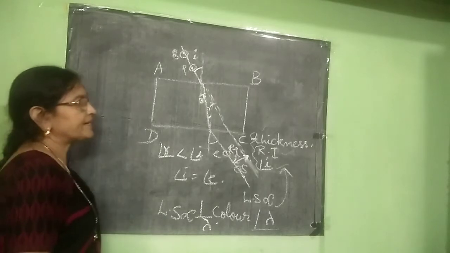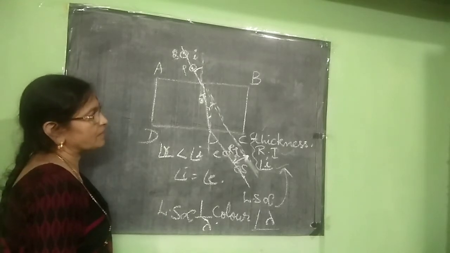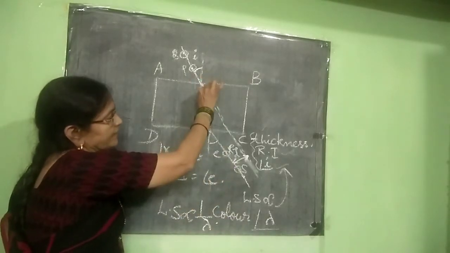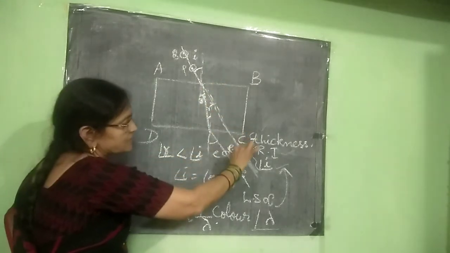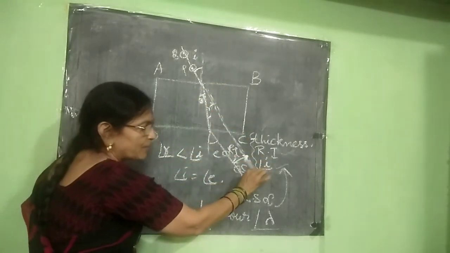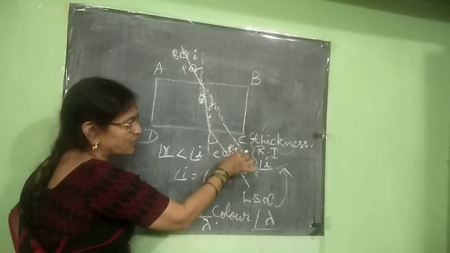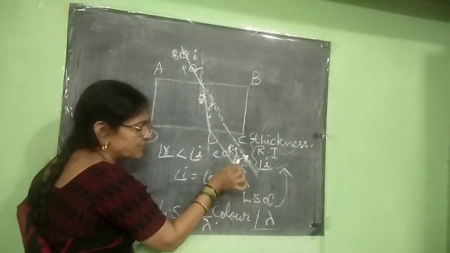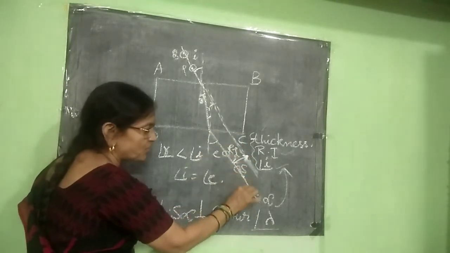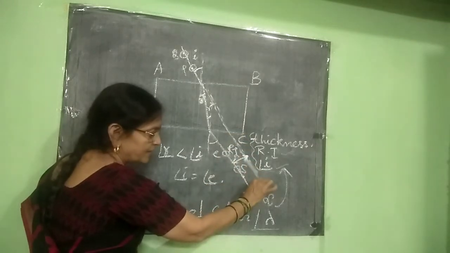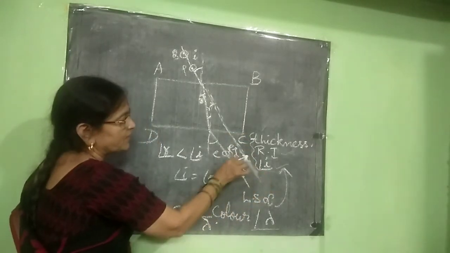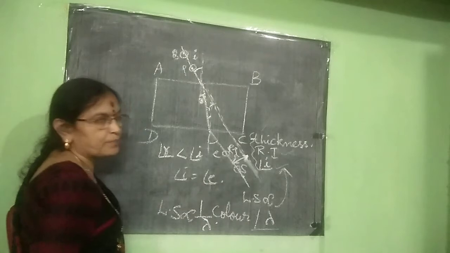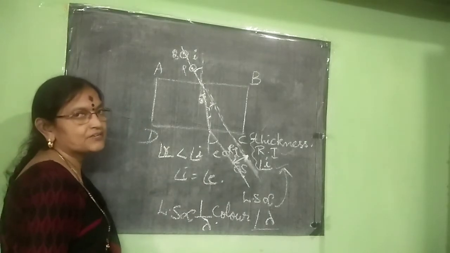So, what is lateral shift? Lateral shift is the distance between the extended incident ray through the glass slab and the emergent ray, which is parallel to it. This is known as lateral displacement or lateral shift.